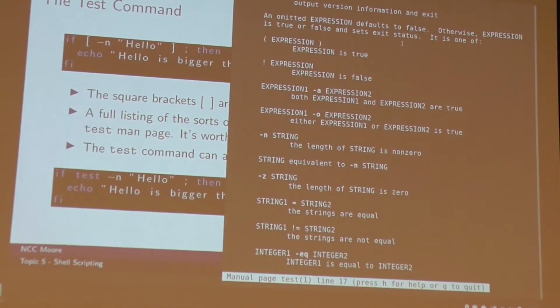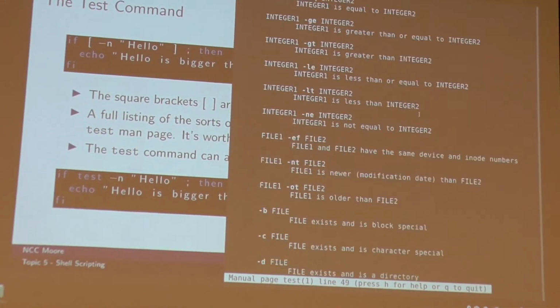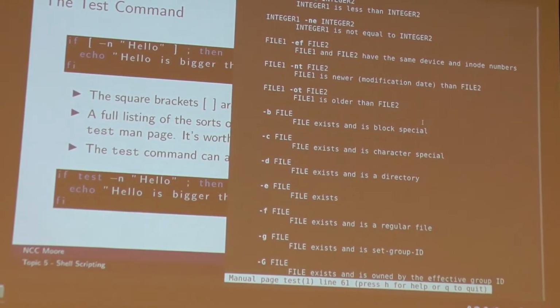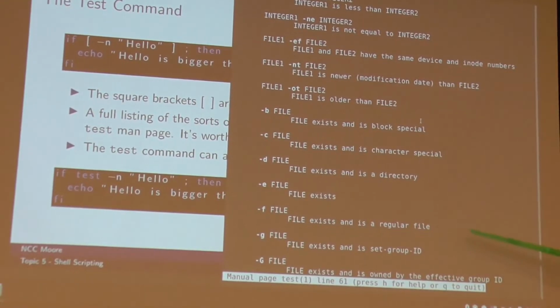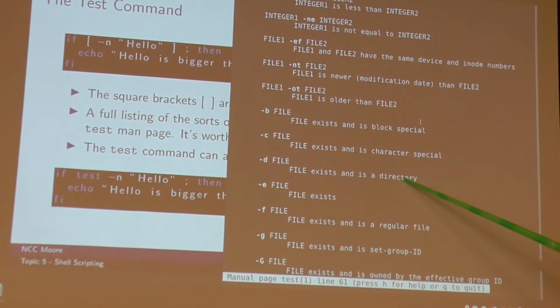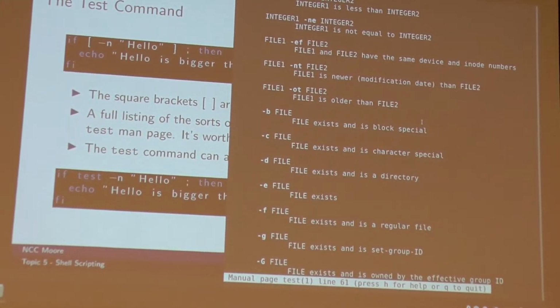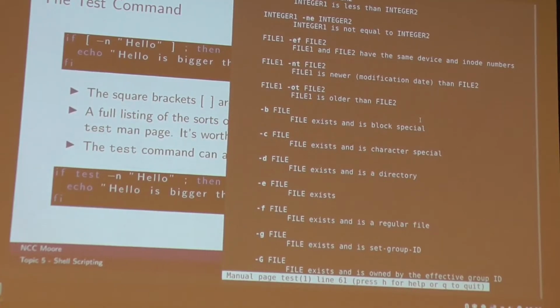Very important distinction. And you can see there are a large number of these, including things like testing to see if a file exists, testing to see if a file exists and is a directory, which are important things to be able to test if your variables are primarily file paths, right?